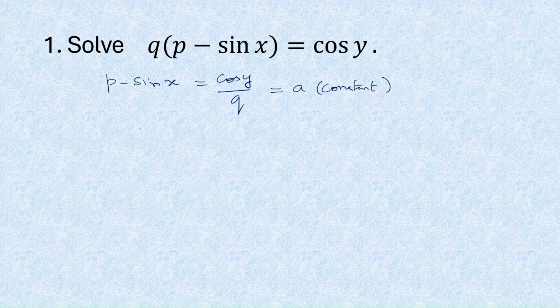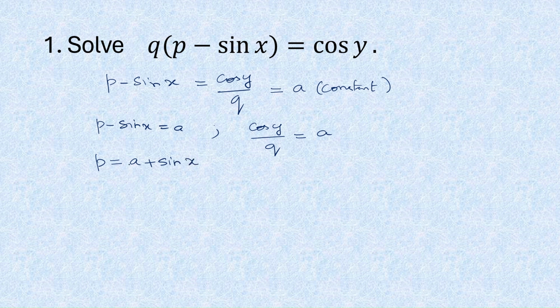Now after assuming it to be a, equate it separately. So p minus sin x is equal to a. Similarly, the other equation is cos y divided by q is equal to a. While separating it, we can write p as a function of x and a. Taking sin x to the right side, it becomes plus sin x.